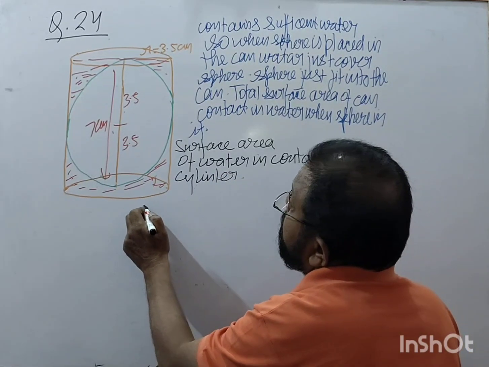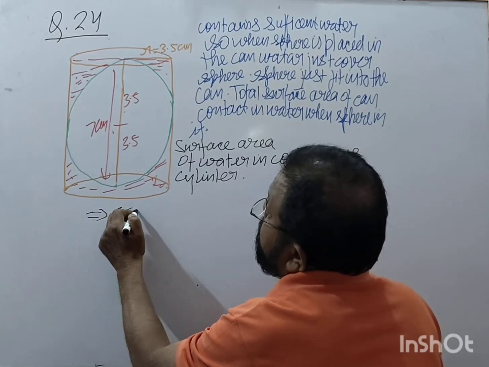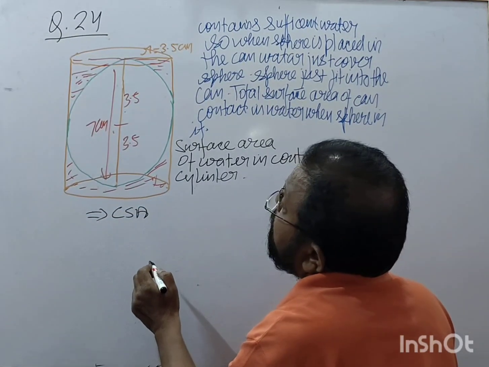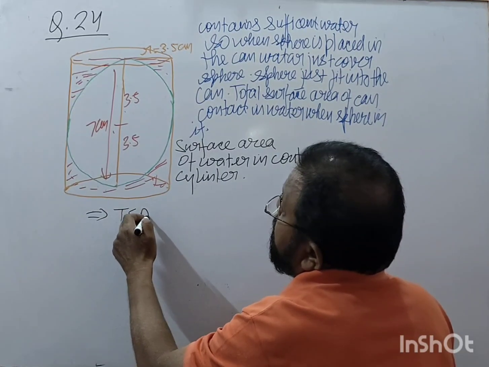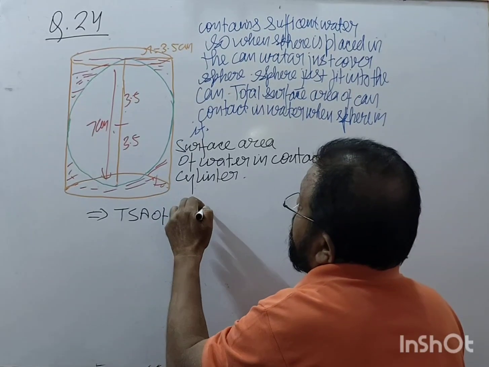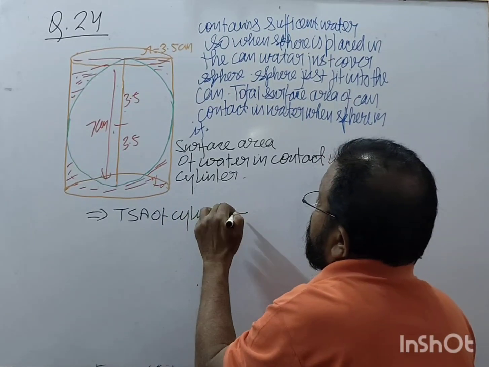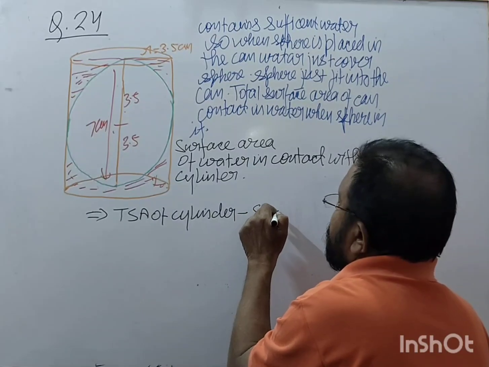So that is equal to CSA of... TSA of cylinder minus surface area of sphere.